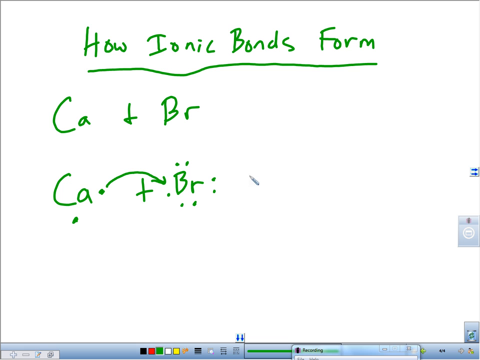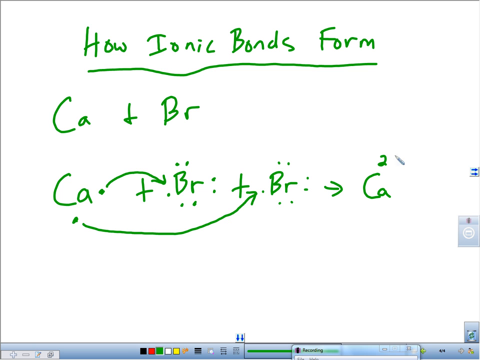Calcium needs 1 more bromine to donate to, doesn't it? And this is also showing why we have the ratio that we have in ionic compounds. Sometimes it's a 1-to-1 ratio, and this time it can't be. We're going to have calcium, which has lost 2 electrons. So what charge is calcium making? 2 plus, yep.